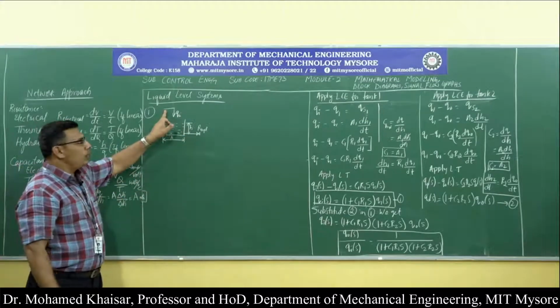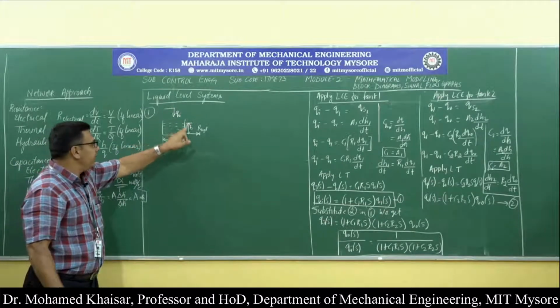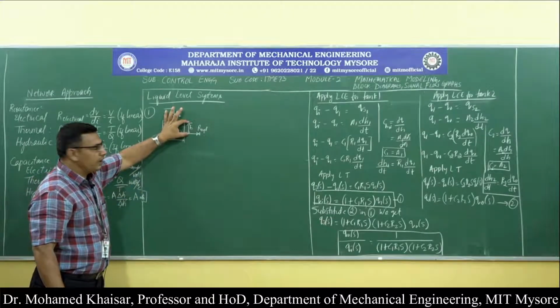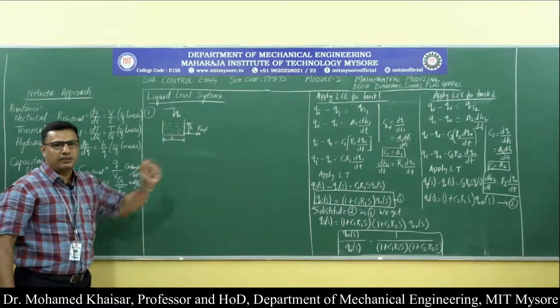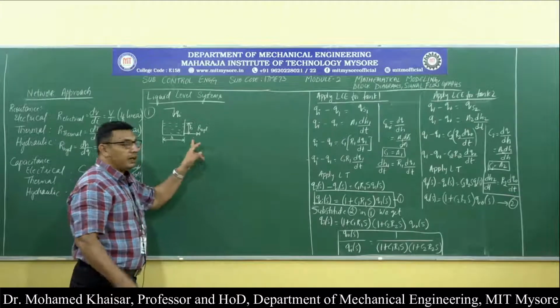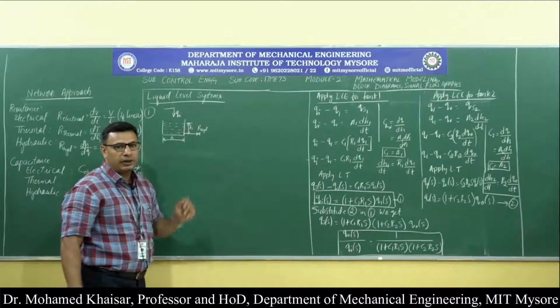Qi is the rate at which the liquid is getting filled in the tank, which has the surface area A and the head H. From this tank, we are not simply releasing the liquid, we are controlling the outflow of the liquid from the tank. How?